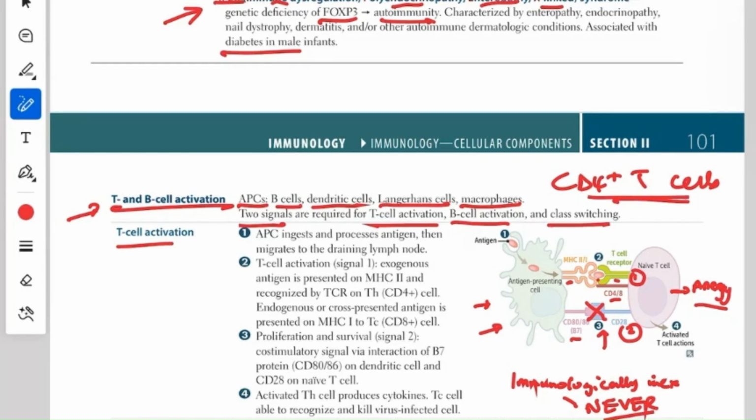But if you don't have the second co-stimulatory signal, only the first one between MHC2 and the T cell receptor, anergy will happen. The short meaning of anergy is that the T cell will fail to respond to the antigen. So no response to the presented antigen.